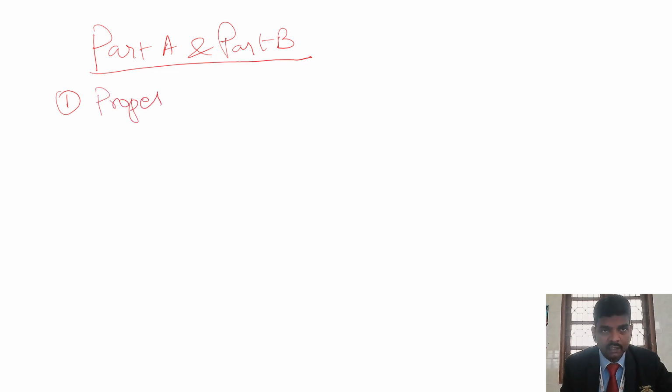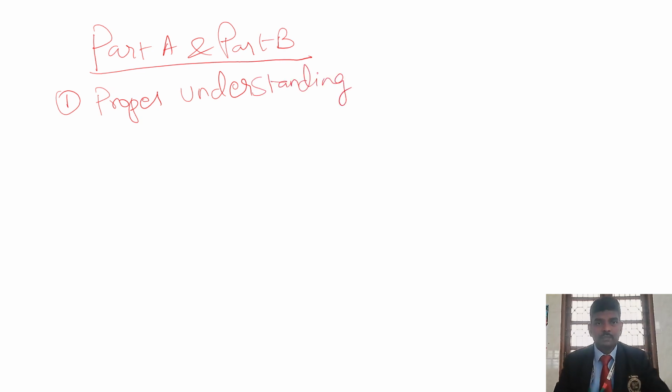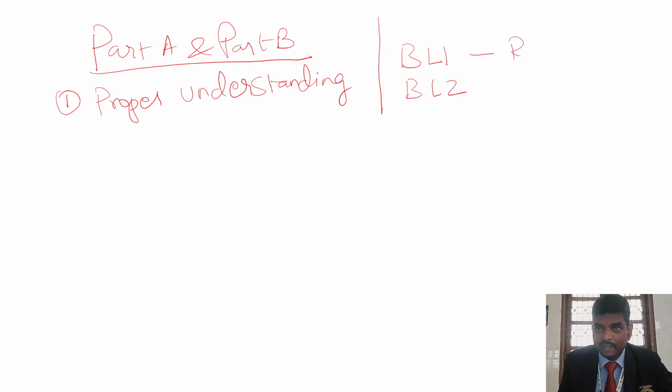Proper understanding is required. If you don't have proper understanding, definitely you cannot answer any of the questions in part A and part B. So actually the allowed Bloom's taxonomy for part A and part B is BL1 and BL2. BL1 is remembering and BL2 is understanding.